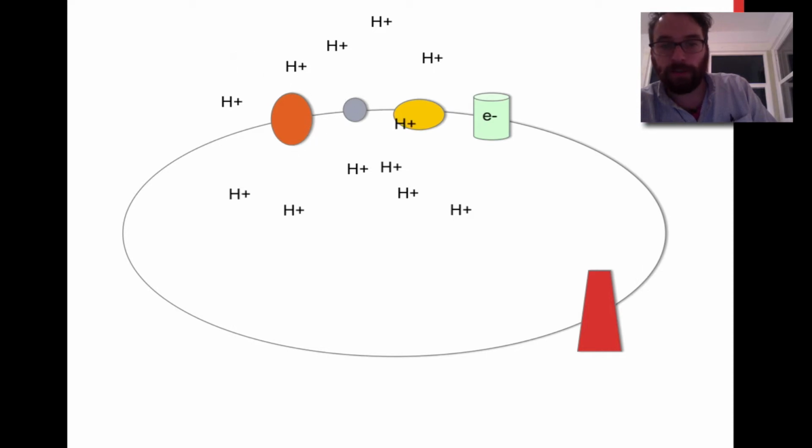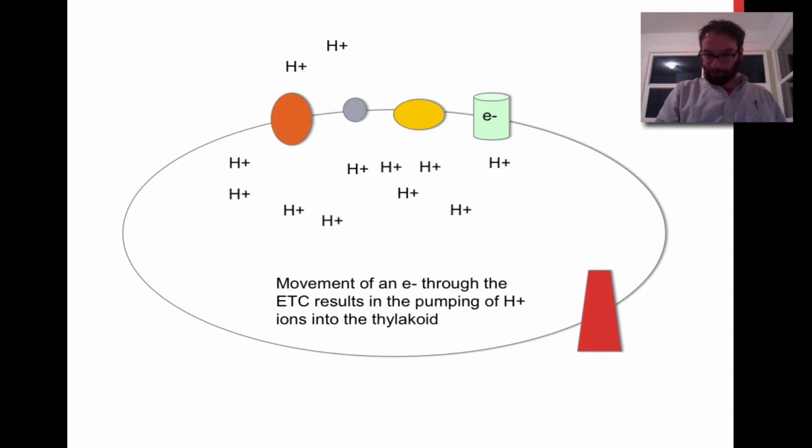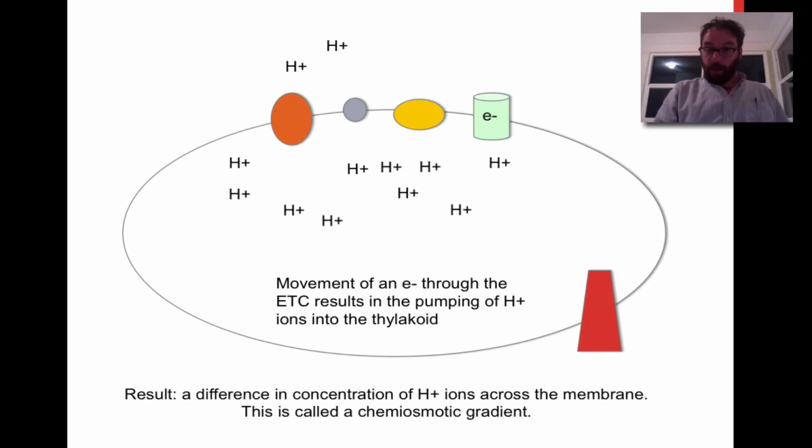You're going to get an uneven amount of hydrogen ions inside compared to outside of the membrane. Essentially, what you've got is a difference in concentration across the thylakoid membrane. You've created a gradient. It's called a chemiosmotic gradient. Why it's called that is not important. That's what it is.